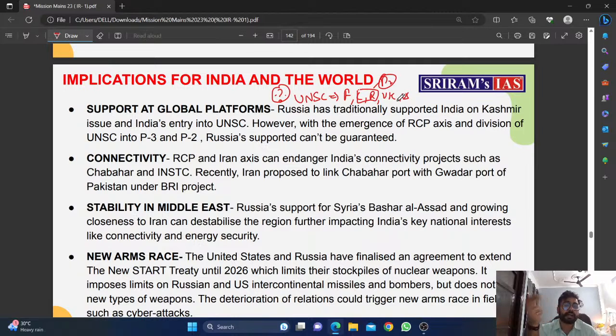All these things are being constructed in Afghanistan with the help of India. And then in Iran, we have developed Chabahar. We have put our investment in Chabahar, which is an open seaport. So with their nexus, the RCP nexus with Iran, with Pakistan, with Afghanistan, Indian investments can further get impacted, or Indian connectivity will further get impacted in Russia or in Central Asia, sorry.